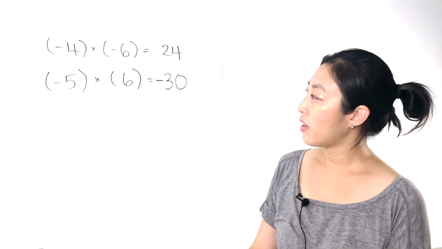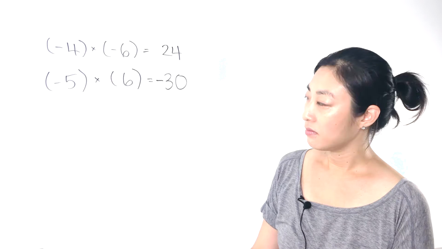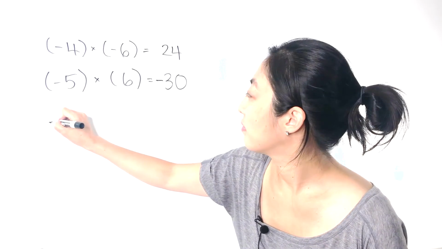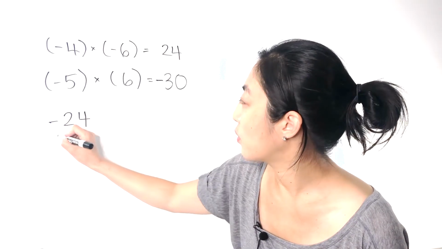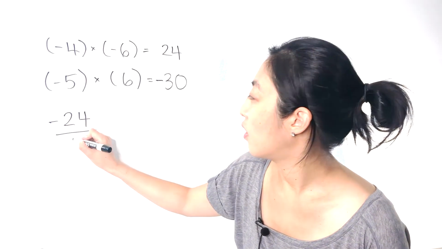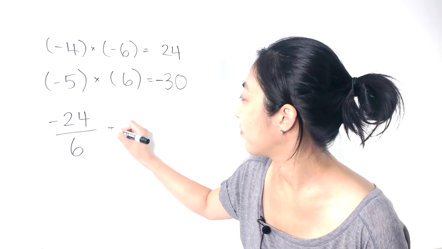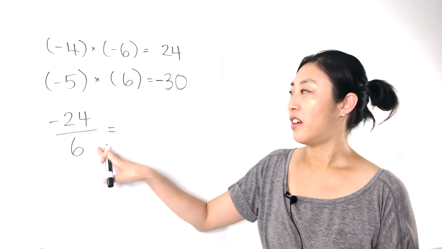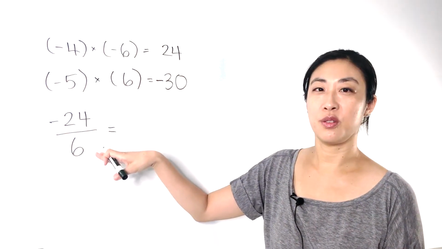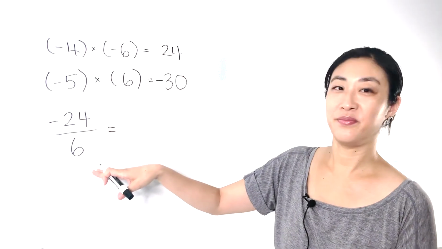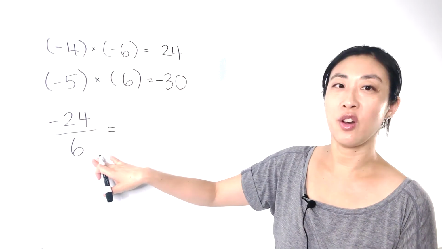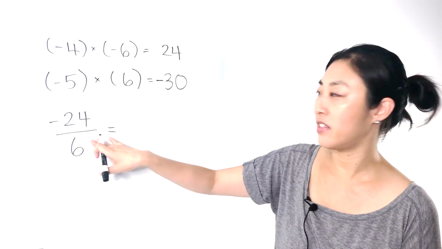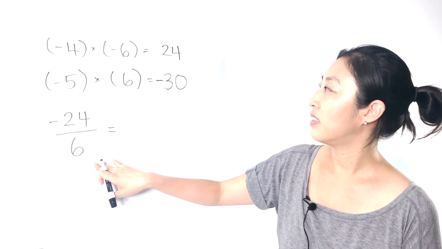Okay, let's try another one. Negative 24 over negative 6. Remember, fractions are also division problems. So 24 over 6 also means negative 24 divided by negative 6.